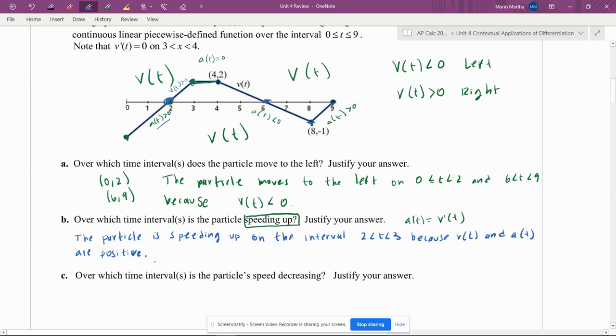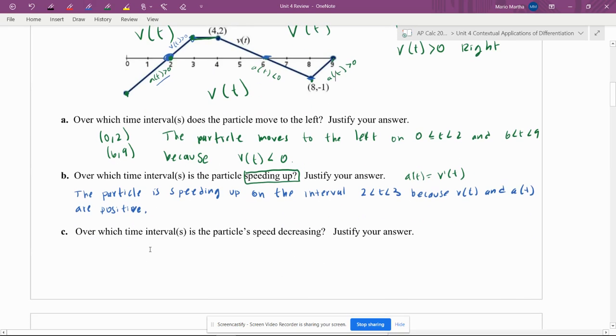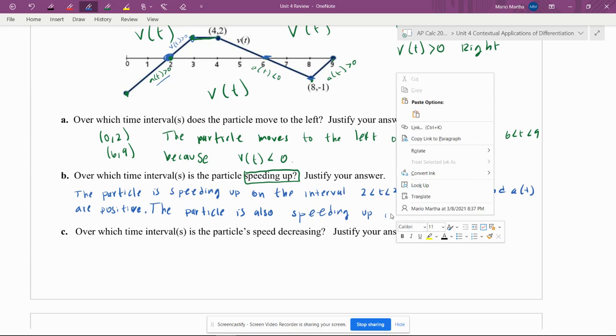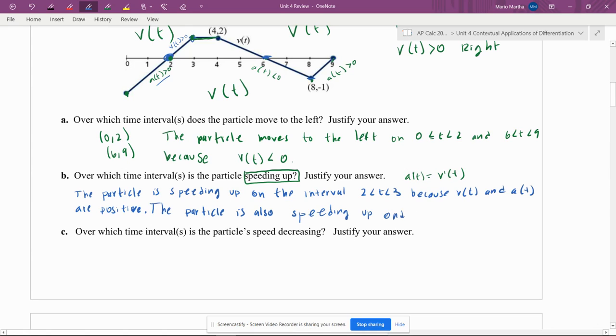So again, the second part of this statement, we can say that the particle is also speeding up on the interval, in this case, between 6 and 8, t is between 6 and 8, because both a of t and v of t are negative.